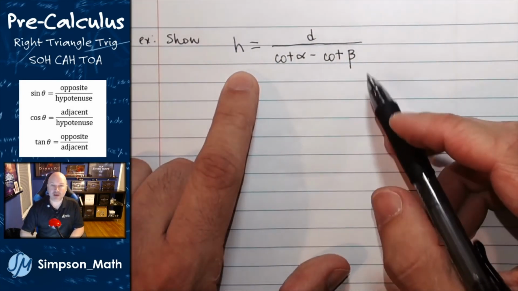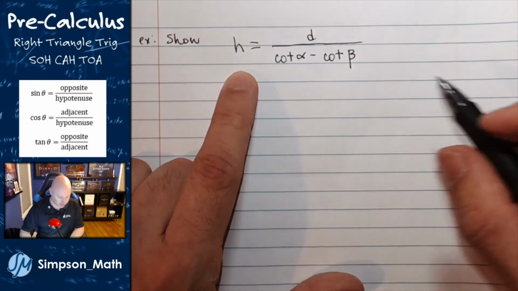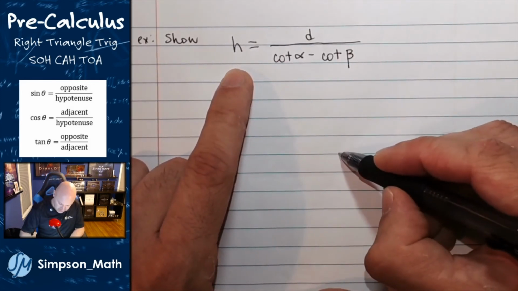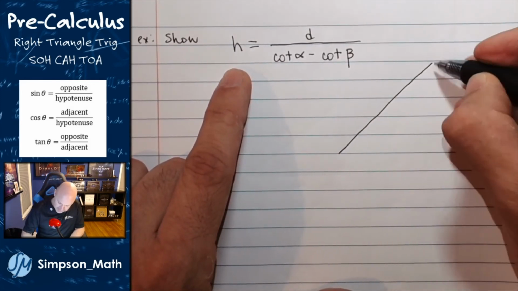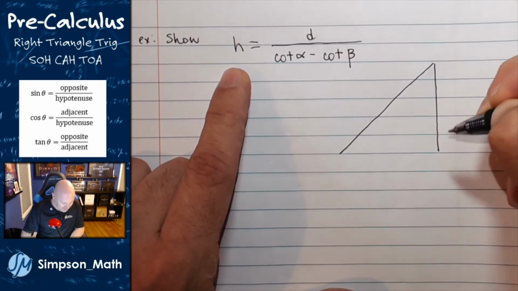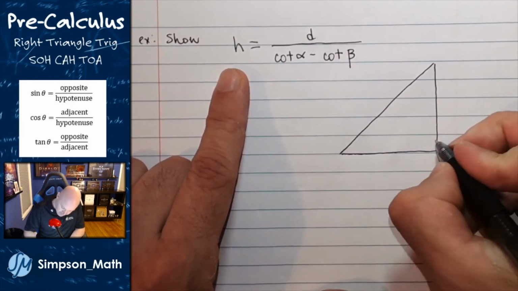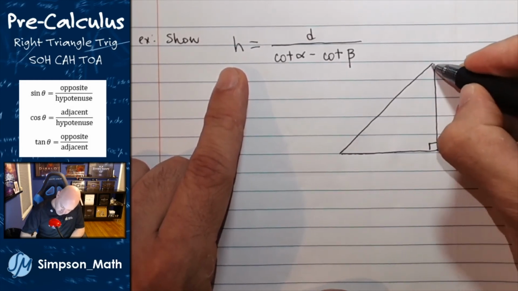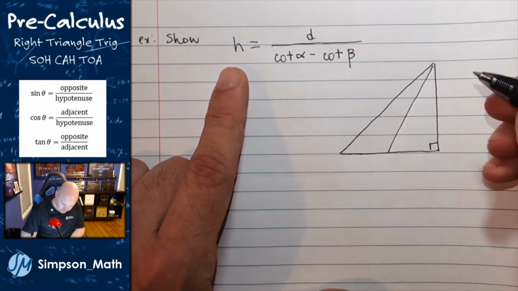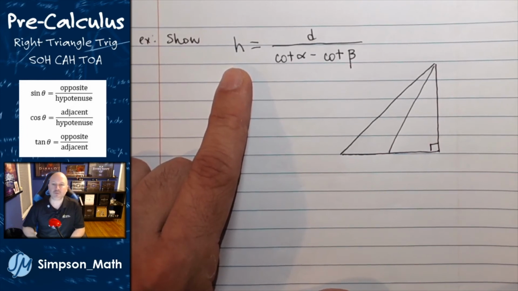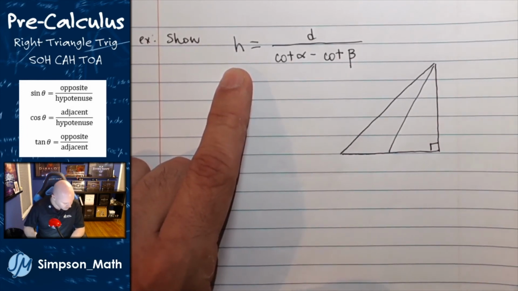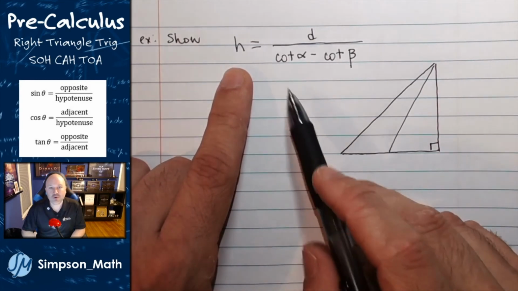All right, they give us this equation. They also give us a triangle. So let me draw this triangle real quick. It is definitely a right triangle. I'm making it a little bigger because there's something inside of the right triangle. And we've got 2 angles.